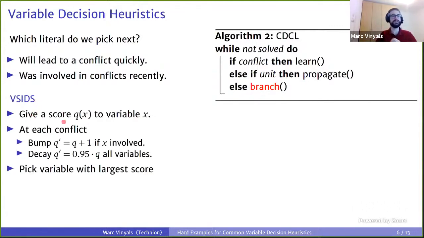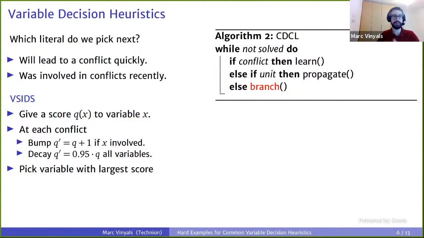We give a score that's a real number to each variable. Initially, the score is 0. Every time that we hit a conflict, if a variable has been in the conflict, then we increase its score by 1. If it hasn't been in a conflict, we do nothing. Now and then we multiply all the scores by some number that's less than 1 so that they decay in time.